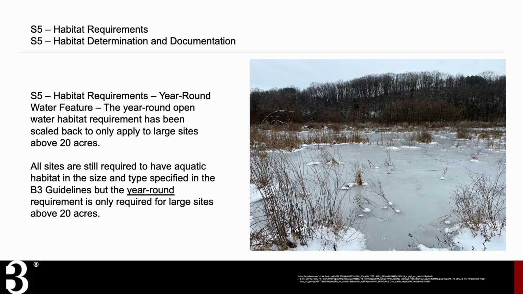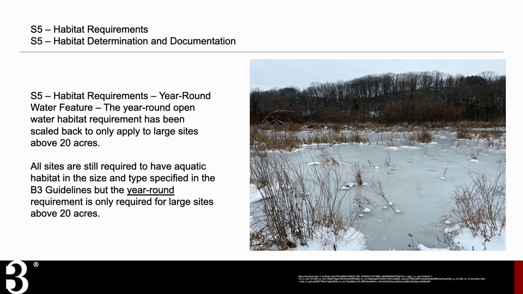Lastly, within S5 habitat requirements and habitat determination and documentation, we've updated the habitat requirements for year-round water features to only apply to sites that are larger than 20 acres. We found enough evidence through our work with project teams over the past few years that the value added by having the year-round water feature on small sites was not justified given the energy and maintenance demand in Minnesota's cold winter climate.